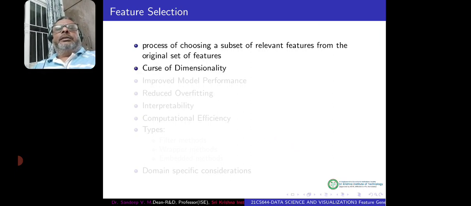A major problem is the curse of dimensionality. The more the features, the more will be the dimension of the problem, and the higher the dimension, the larger time and larger space is needed to complete any task.